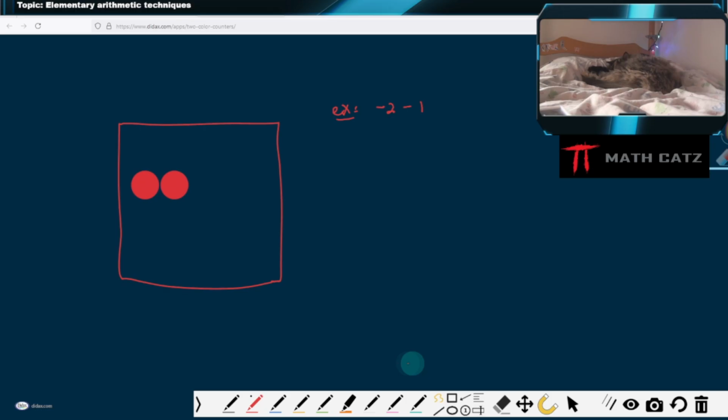So in order for me to be able to complete this action, this story, I need to prepare, because I do not see any positive chips, let alone be able to remove one. So in order for me to bring in a positive chip, I will also bring in a debt of 1, like I'm borrowing 1 from my friend.